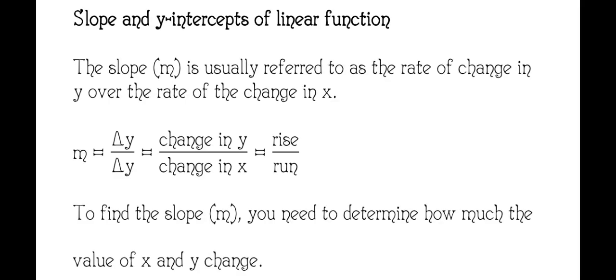Slope and y-intercept of a linear function. The slope is usually referred to as the rate of change in y over the rate of change in x. To find the slope, you need to determine how much the values of x and y change.